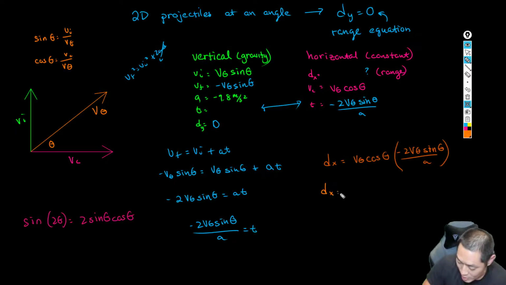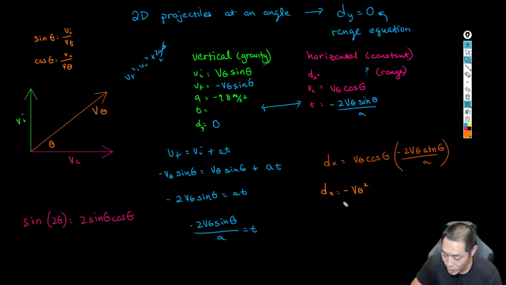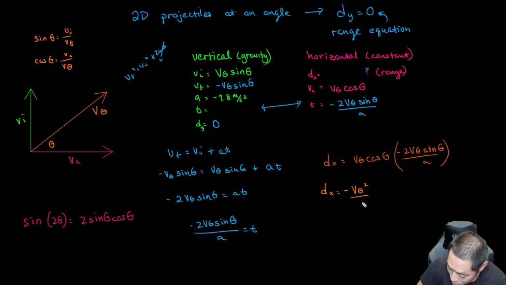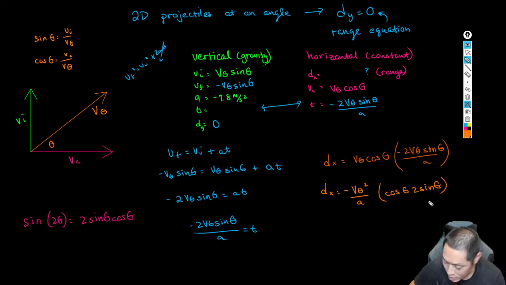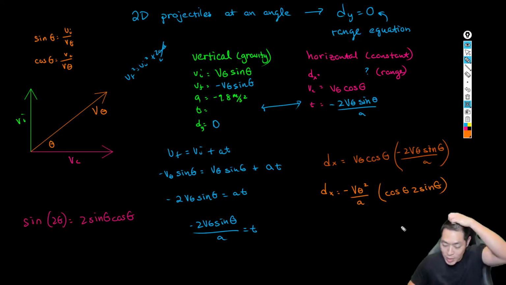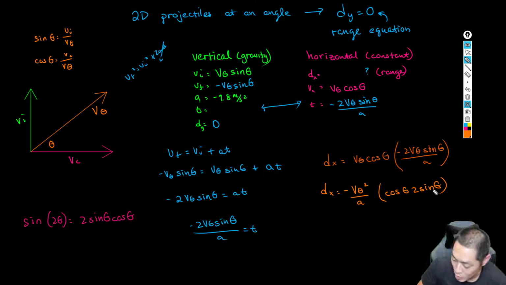So dx is equal to negative v theta squared. I'm going to pull out the negative, pull out v theta, and I'm going to pull out a too. So I'm just left with cosine theta 2 sine theta. And then hopefully that makes sense. If I redistribute this, I should get the same answer, and I do. So then what you do is you exchange that with this.